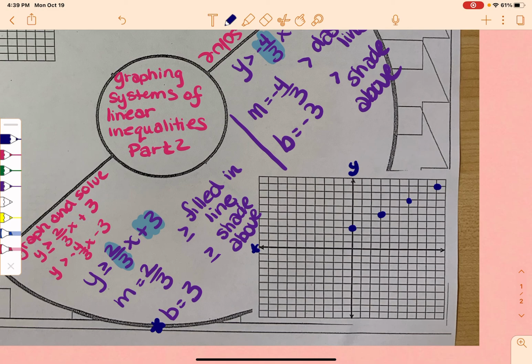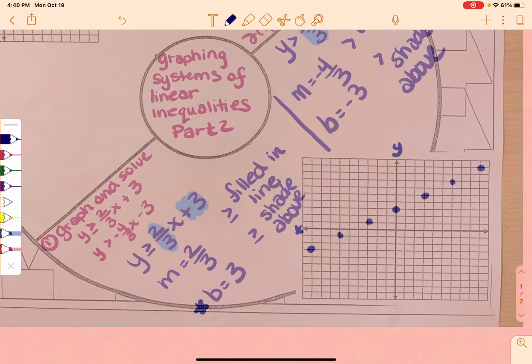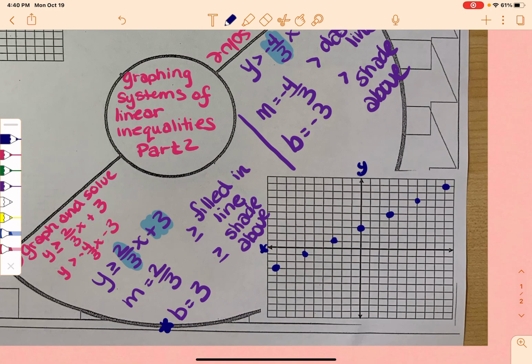So I'm going to go down 2 and back 3. Now I know I need to make a filled in line. So there's my filled in and solid line. And I know on this one, I'm going to shade above.